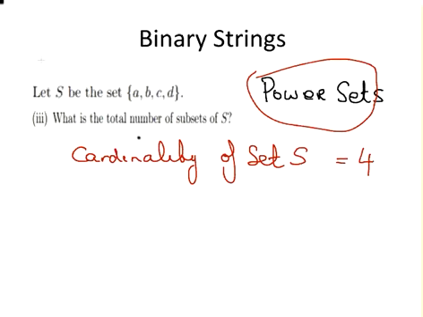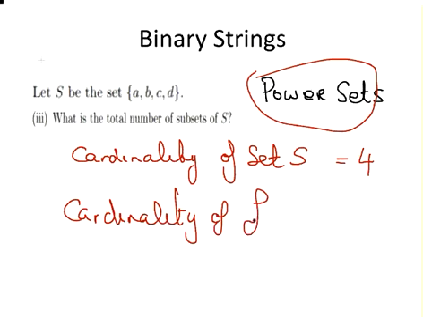So what is the total number of subsets of S? Well, what is the cardinality of the power set of S, which we would write as P of S? That would be 2 to the power of 4. That would be 16. So there are 16 subsets of S. And that concludes our presentation.